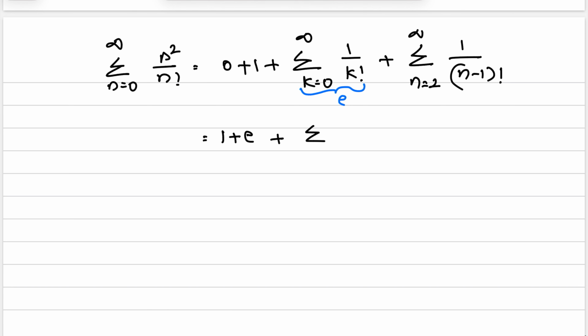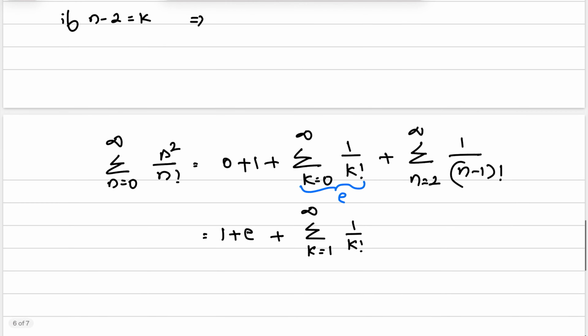Sum k is equal to 1, where k minus 1 is equal to n, let us say, up to infinity, 1 by k factorial.